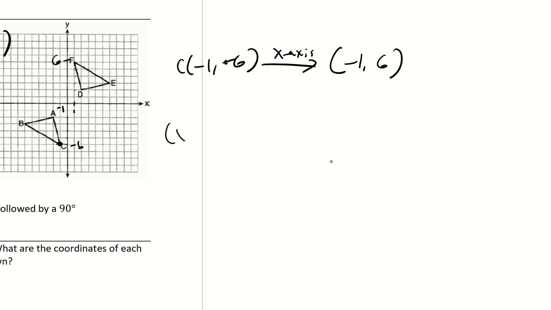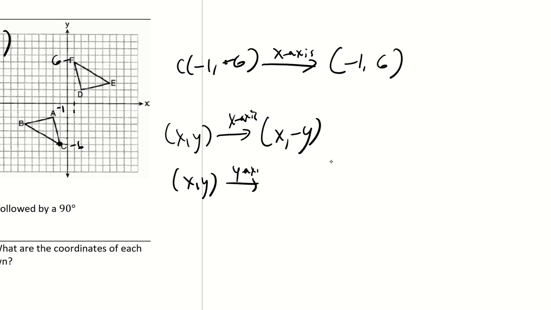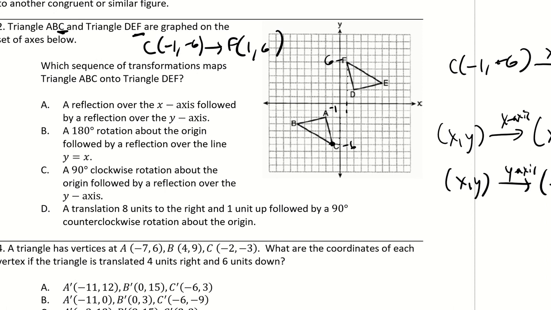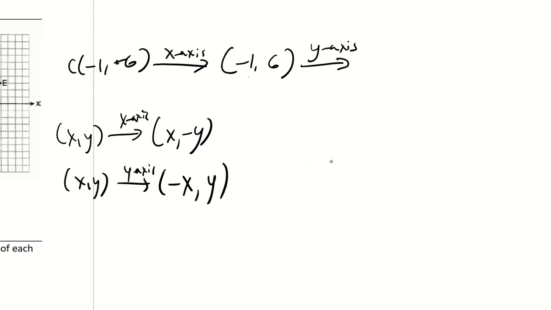So the rule for x-axis reflection is that the y changes to its negative. And then the rule for the y-axis is that the x changes. You just put a negative in front of the x. So this is going to turn into negative 1, 6. And then if I were to do the y-axis, which is what this problem says, part A, then the x is going to change to its positive counterpart. And I get 1, 6.